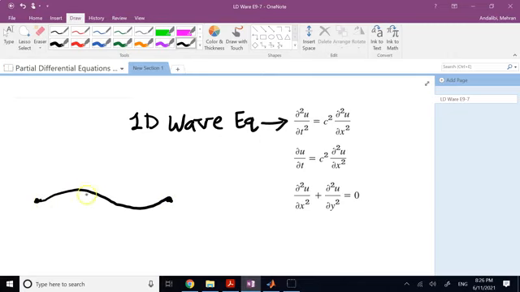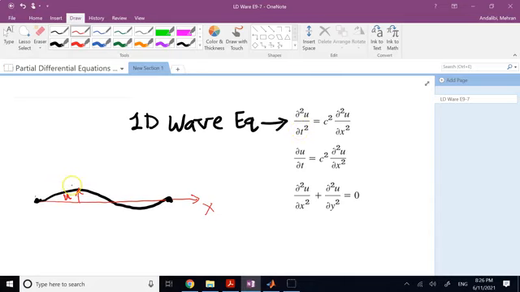And so here u, as I said, is the displacement between any point and its equilibrium position. So if you consider this direction x, then this displacement is u, and not only is u a function of x, the position along the string, it is also a function of time.